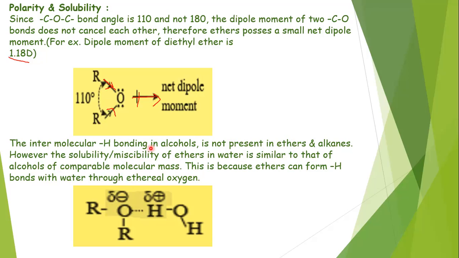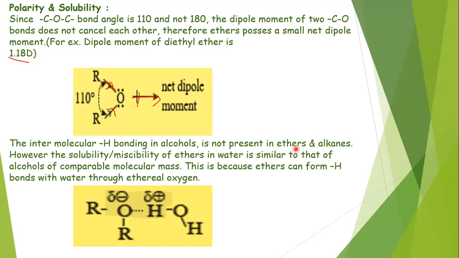There is no intermolecular hydrogen bonding in ethers. Intermolecular hydrogen bonding is present in alcohol. Because of this, alcohols have higher boiling point. But in case of ethers and alkanes, there is no intermolecular hydrogen bonding.